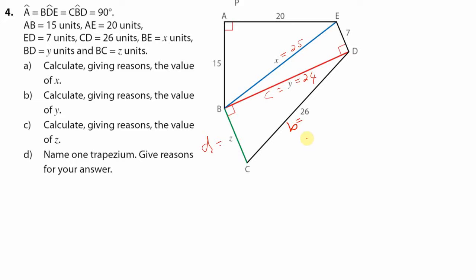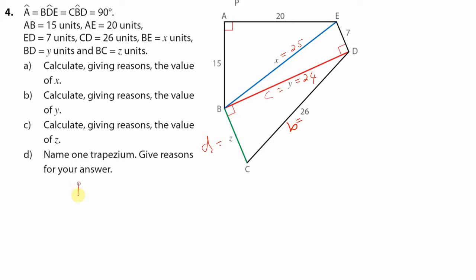When applying Pythagoras, next hint, what do we look out for? The longest side. Where do we find it? Opposite the 90-degree angle. Okay, so what does Pythagoras say?